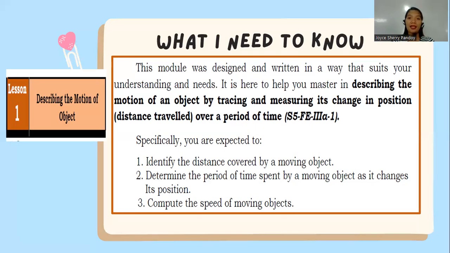Specifically, you are expected to first, identify the distance covered by a moving object. Second, determine the period of time spent by a moving object as it changes its position. And third, compute the speed of moving objects.